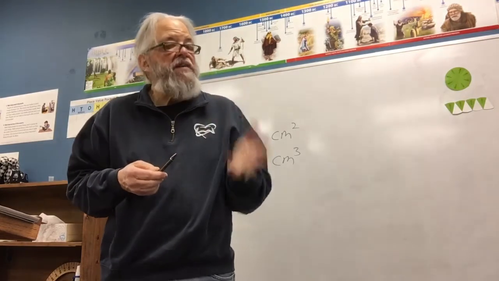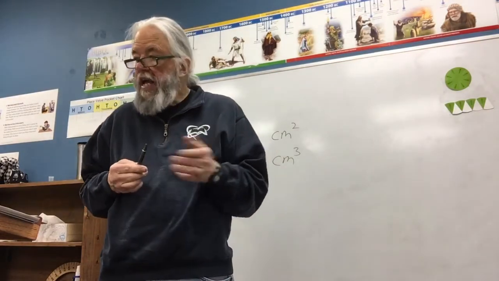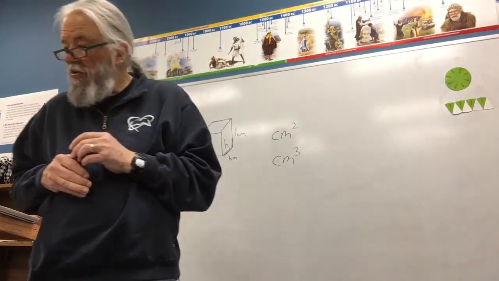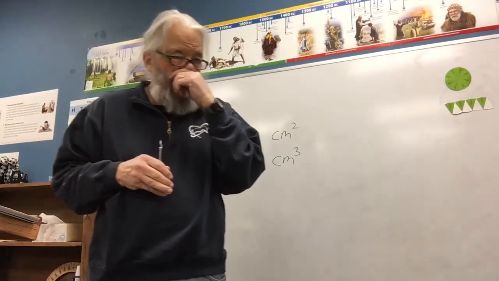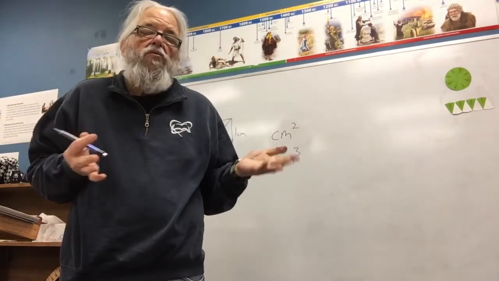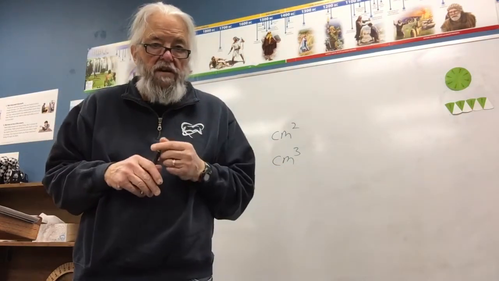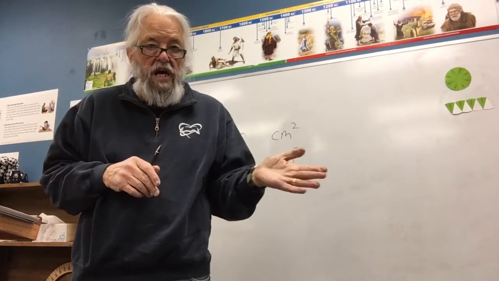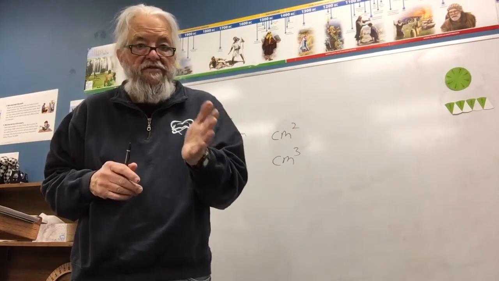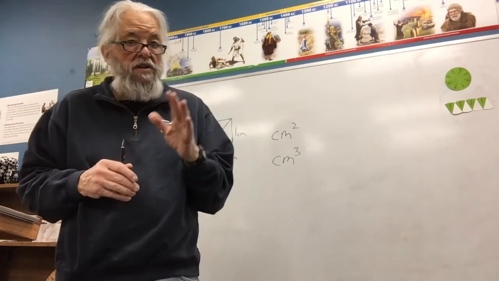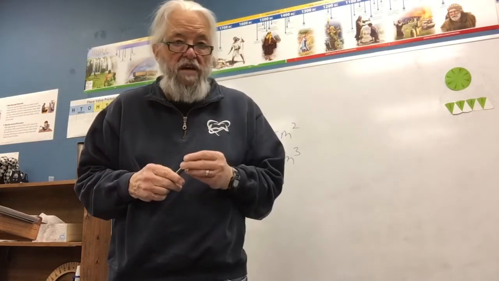Okay? Now think about a triangular prism. Okay? A triangular prism. And that triangular prism, well, what do we know about a triangle and a rectangle? A triangle is 1/2 of a rectangle. And we've already looked at the area of a triangle, which is 1/2 of the area of the rectangle.